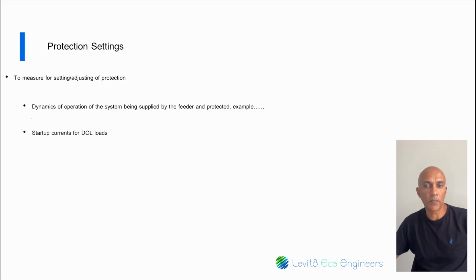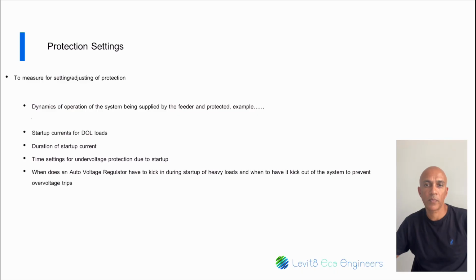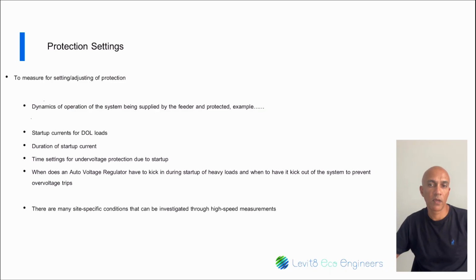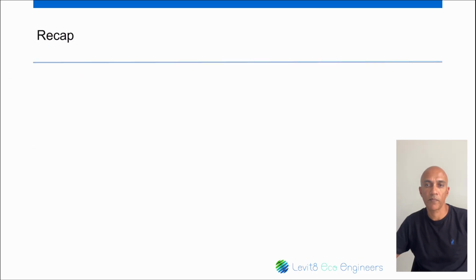Example, the startup currents for direct online loads, the duration of startup currents, the time setting for under voltage protection due to startup. When does an auto voltage regulator have to kick in during startup of heavy loads, and when to have it kick out of the system to prevent overvoltage trips? There are many site-specific conditions that can be investigated through high-speed measurements.